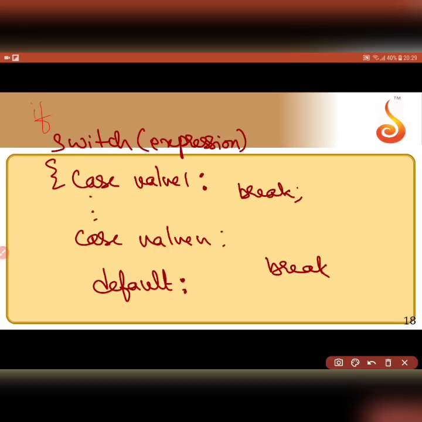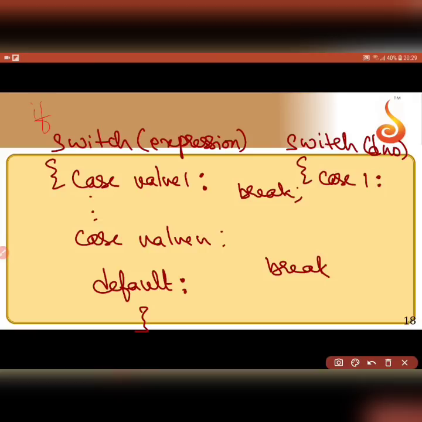Why do I need a break here? For example, if it is days of a week only, so what will be that switch? Switch, and I will say day number. Then the first case is case 1.